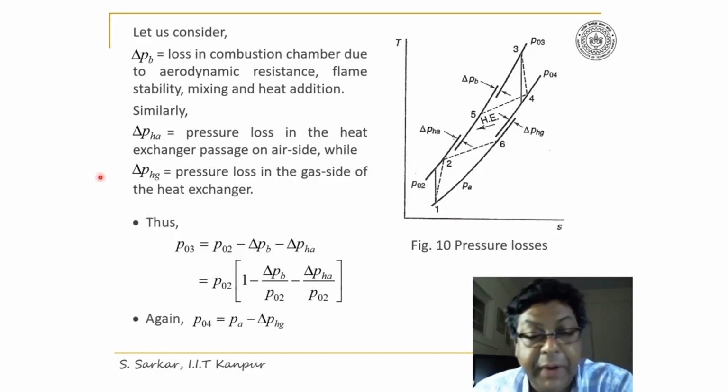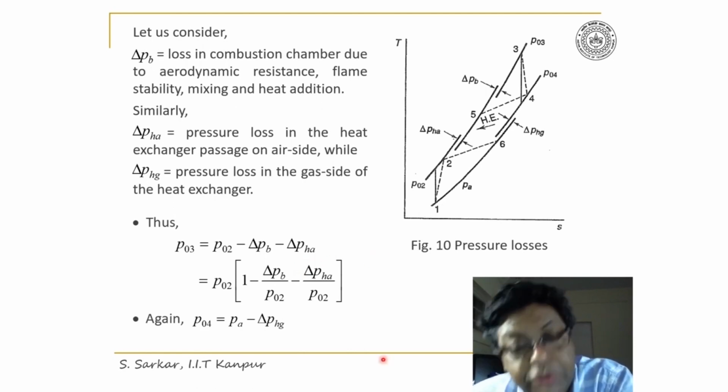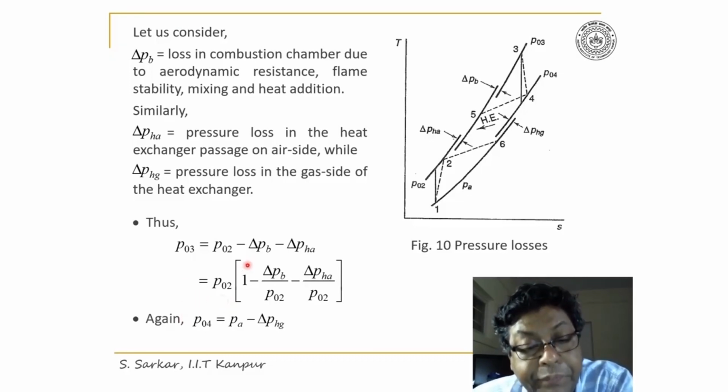Thus, I can express P03 as equal to P02 minus del Pb minus del Pha, which can be expressed again as P03 is equal to P02 within the bracket 1 minus del Pb by P02 minus del Pha by P02.